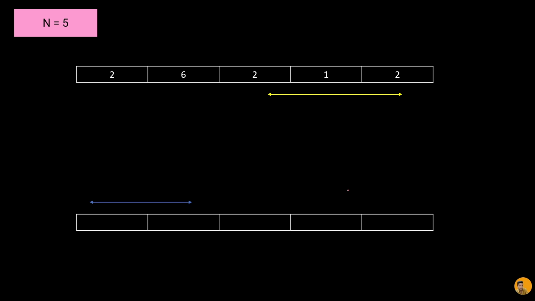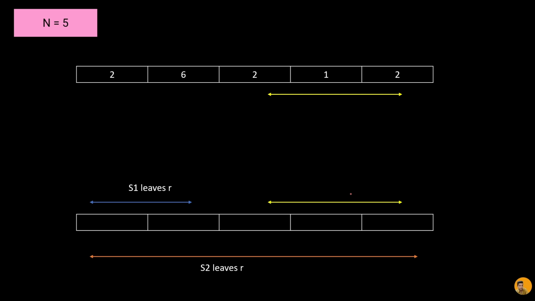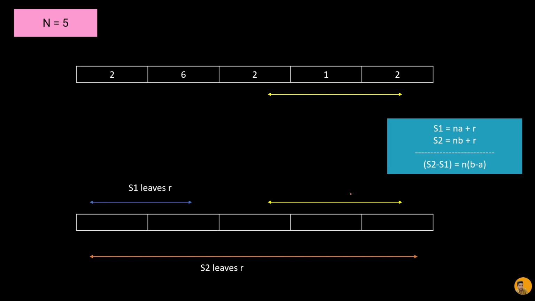So if we have, let's say, this is sum 1 and it is going to leave remainder r, these two blocks contribute to s1, that is sum 1, and leave remainder r, and this complete array is sum 2, s2, and leaves remainder r. Then I can definitely say that the left out portion is going to be divisible by n, and that is the equation we can see.